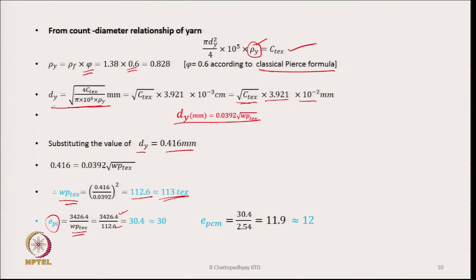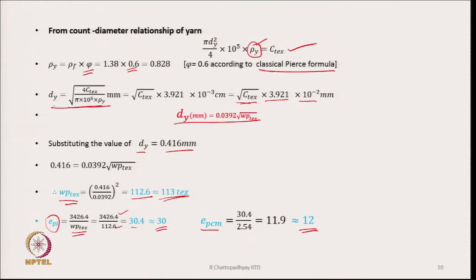Exact values are this, we can take the ratio of these two and it gives a value around 30, or ends per centimeter is going to be around 12. Therefore, we can find out now what is the count of warp that we are going to choose and what should be the ends per centimeter or ends per inch or ends per meter, whatever it is.